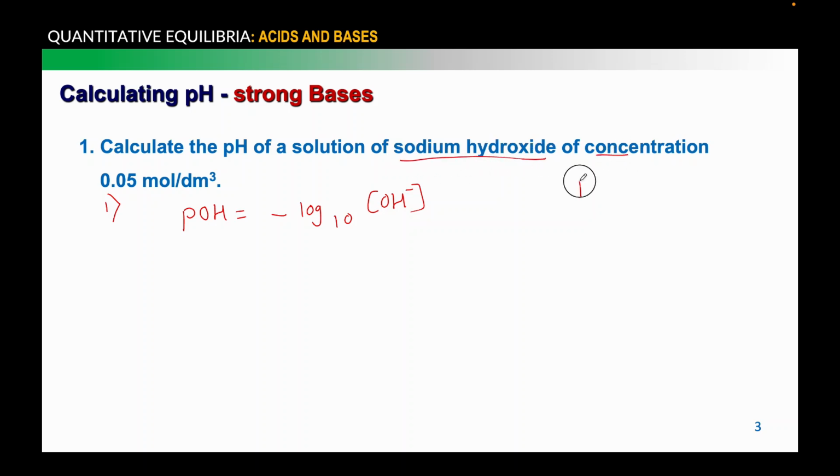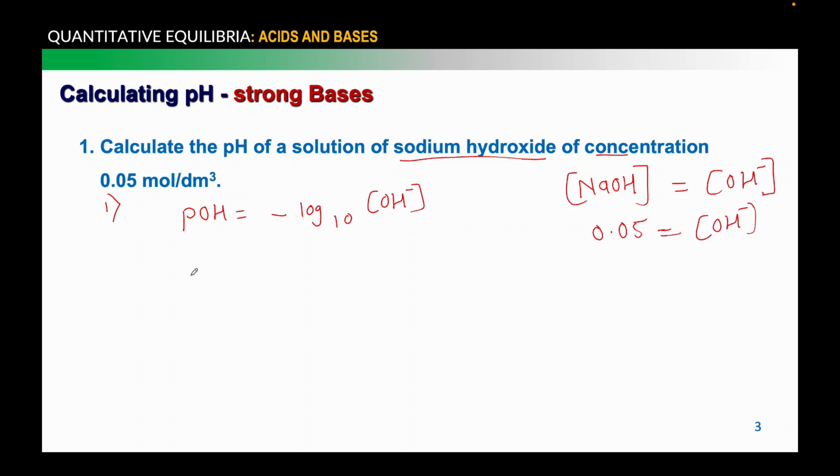As I already told you, when the concentration of a strong base is provided, it means it is completely dissociated in water. Complete dissociation or complete ionization means, similar to acid, the concentration of base given is equal to the concentration of hydroxyl ion. So these concentrations are equal. The concentration of sodium hydroxide is provided, that is 0.05. So this is the concentration of OH minus.